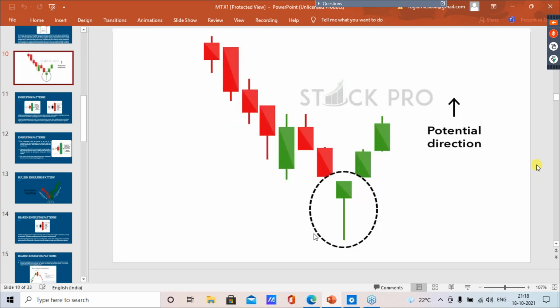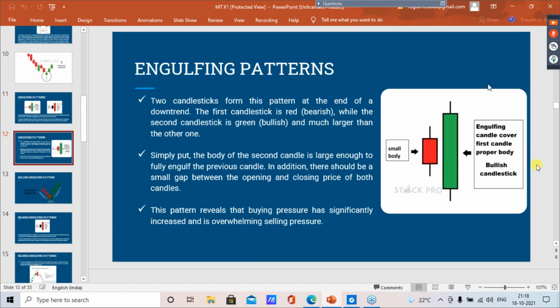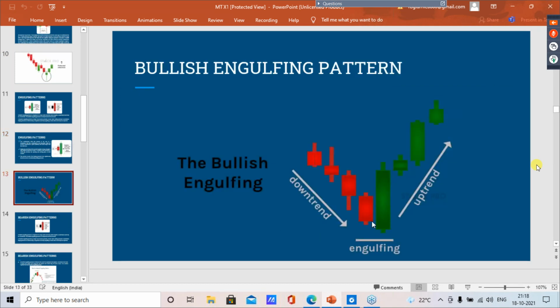The functionality remains the same. Whenever we have a bullish engulfing here, the market will reverse from bearish to bullish, just that we have two candles into consideration. There should be a small red candle and a huge green candle like this. We need to have a preceding downtrend, then a bullish engulfing, then we're going to get an uptrend.